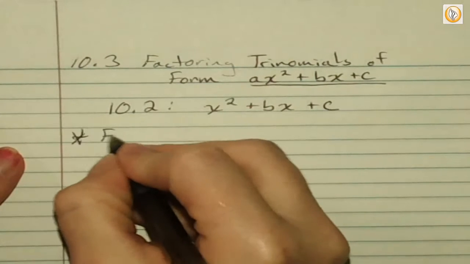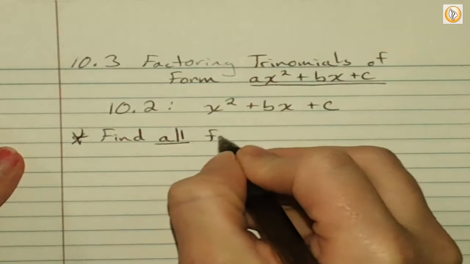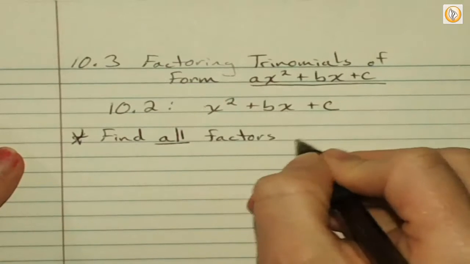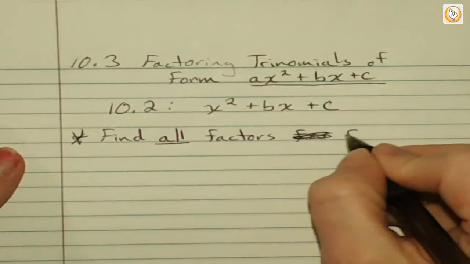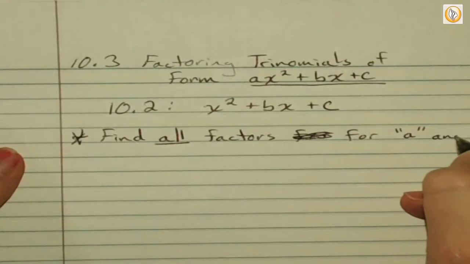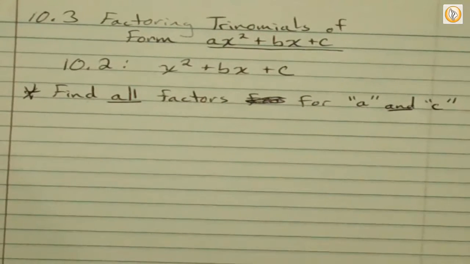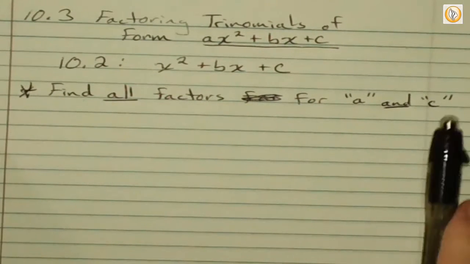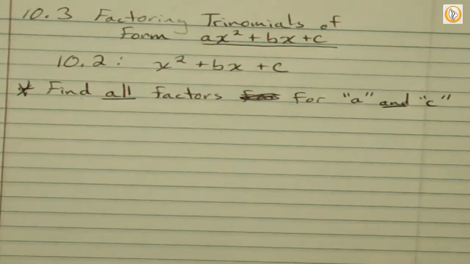So today you're going to find all factors for A and C. Yesterday it was to find all the factors for just C. A was always x² or y² or something like that, and you all knew it's x times x.